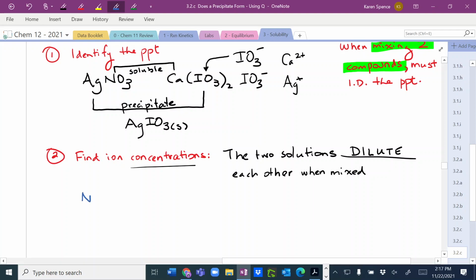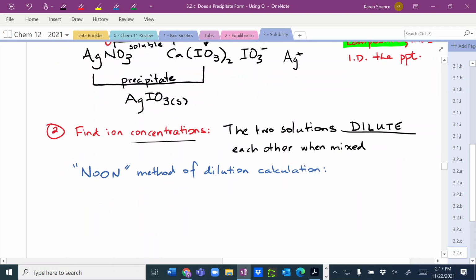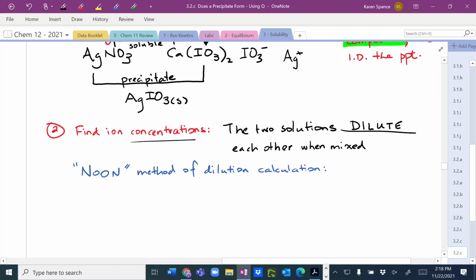This is the Noon method of dilution calculation. It's actually my favorite. I like it the best because it kind of makes sense to me, but you don't need to use it if you don't like it.